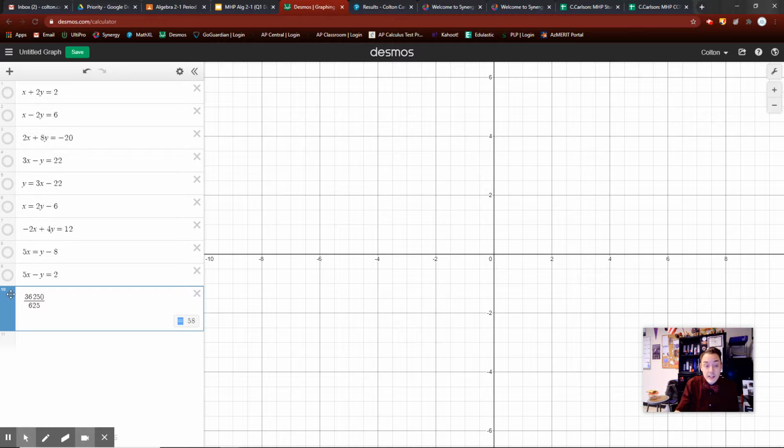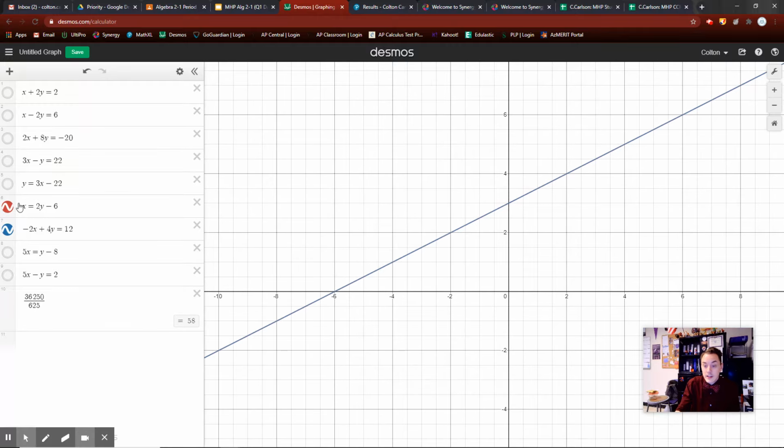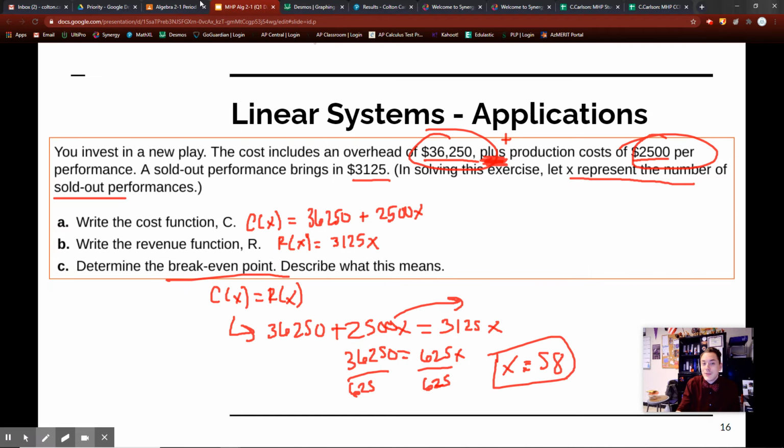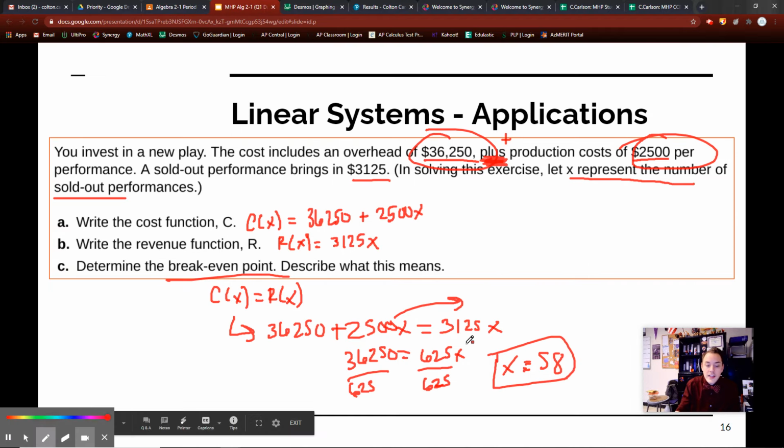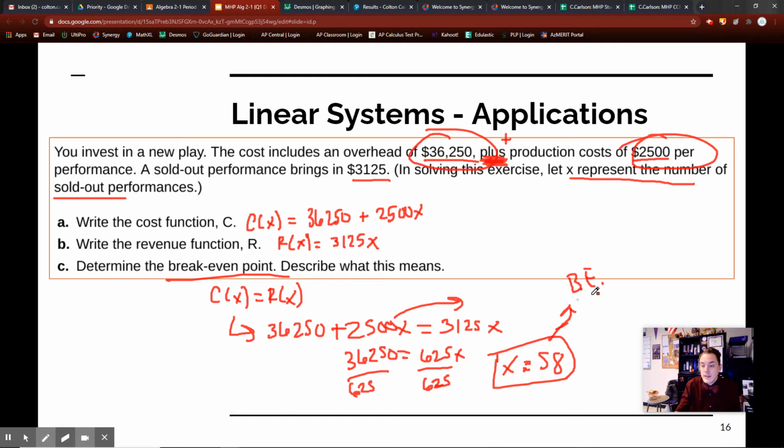Remember, Desmos is a calculator, okay, not just a graphing calculator. Yes, it graphs for us, obviously, right? Okay, duh. But it's more than that. It actually solves equations for us. So 58 is what we call my break-even point, and I'll abbreviate it BE. This is my break-even point, okay?